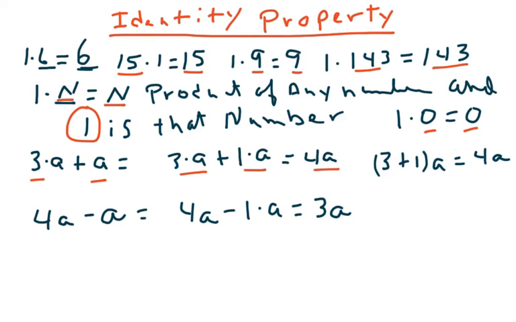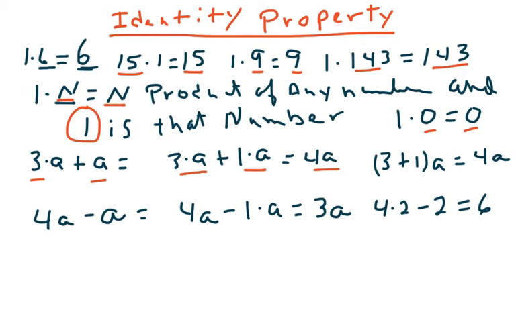You got that? 4 times 2 minus 2. 4 times 2 is 8, minus 2. 3A, 3 times 2 is 6, and they are the same. 8, 6, 6. So the identity allows us to make it 1A, so we could add, subtract, or multiply.